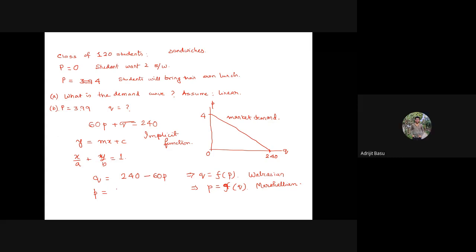P equal to 4 minus Q by 60. Yes sir. Okay, now let us use the Walrasian form. If I use the Walrasian form, then what is total revenue?